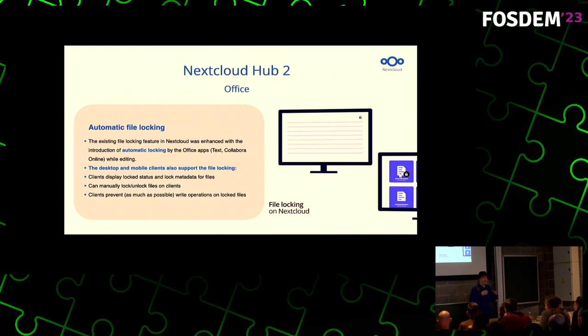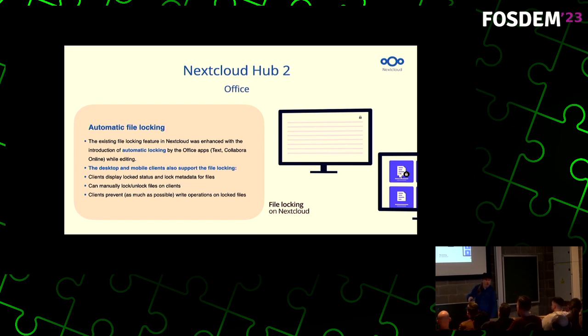Instead, the desktop client will say, this file is being edited online, please don't edit it locally. It depends a bit on the operating system whether a desktop client can enforce this or only give warnings, because on Windows it's impossible to edit a file which is open. On Linux this is not a problem because it's a proper operating system. But it gives you a warning, so at least you know that you're breaking something.